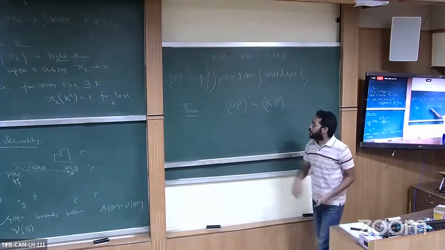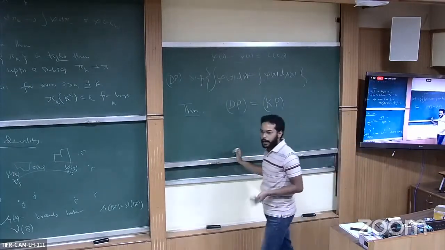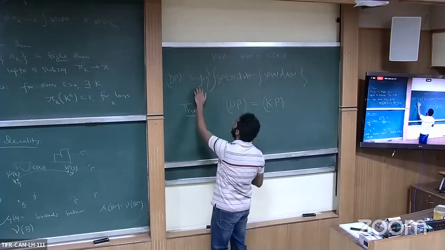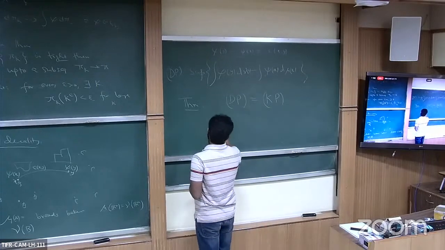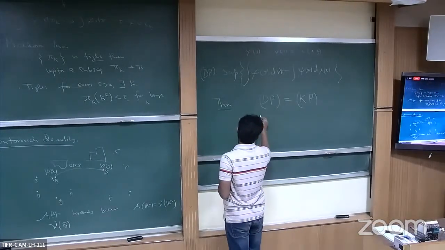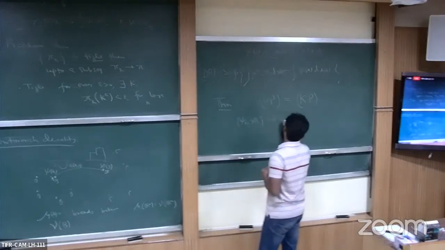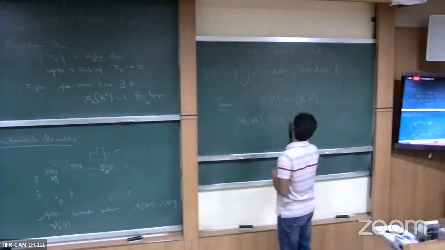So I don't know whether it can be attained, whether you can achieve that. So this is just a supremum, right? So for the sake of the argument, assume that psi naught and phi naught is a maximizing pair.